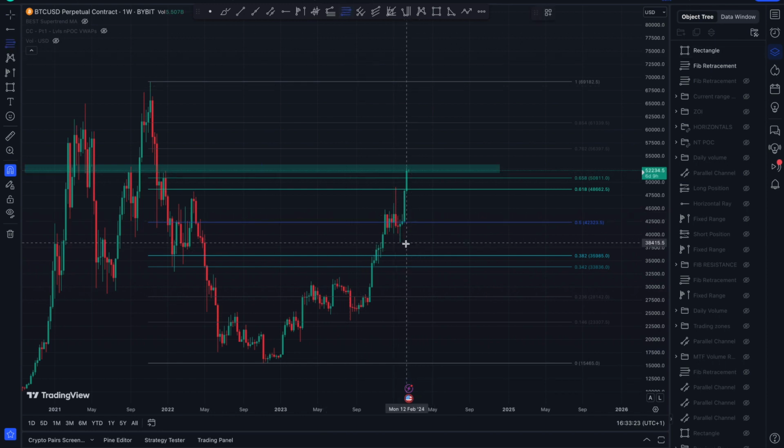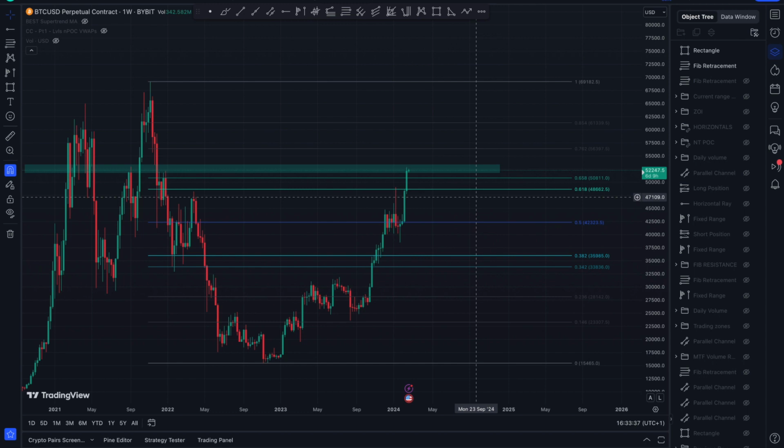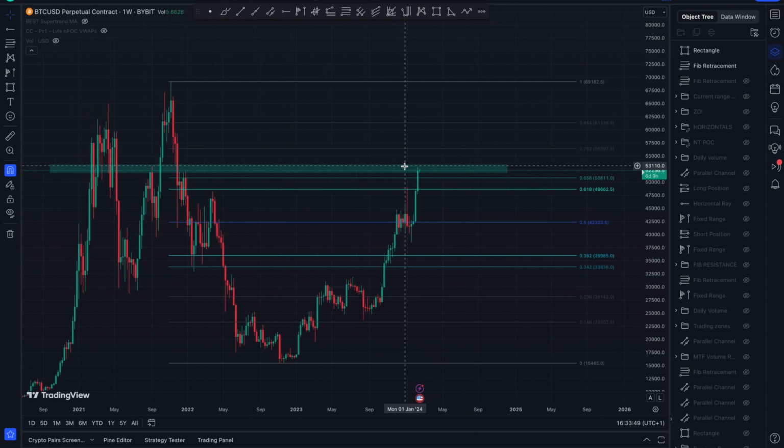The market structure is bullish, so we could still just come lower for some kind of more liquidity down here and continue to the upside, right? So that's it. We are still bullish. I wouldn't be bearish at the moment, even though we are getting to the interesting areas of resistance, but still it's level to level, right?